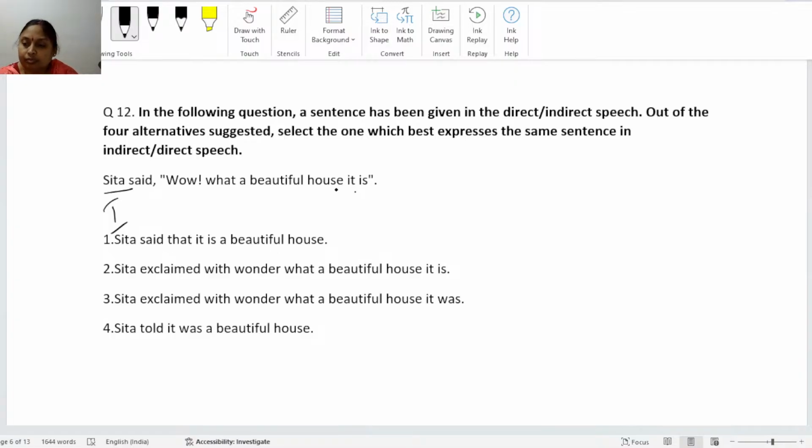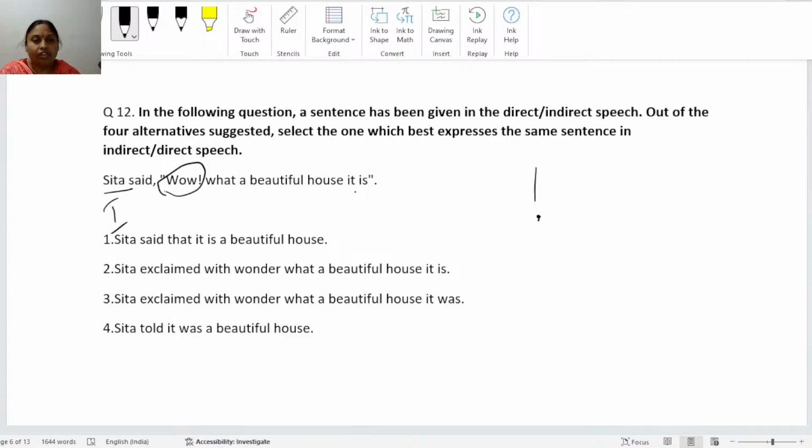So then, Sita. Here the verb is given. In the parts of speech, what will we say? It will be exclamatory mark. Whenever we are writing like this, it represents exclamatory. So Sita exclaimed.